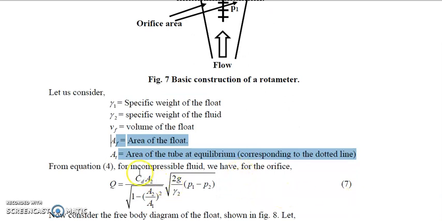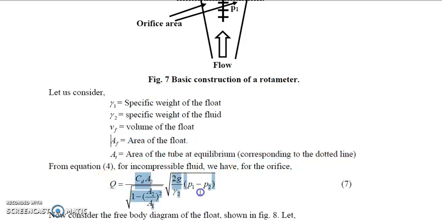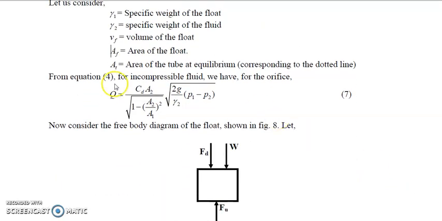For the orifice with incompressible fluid, the flow rate will be this complete value. Q is the flow rate, which is Cd A2 by square root of 1 minus (A2 by A1) whole squared, times square root of 2g by gamma 2 times (P1 minus P2).